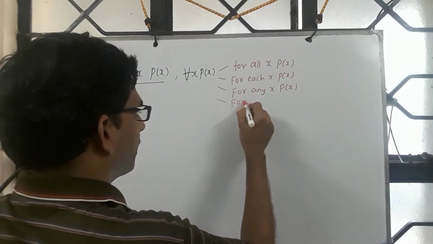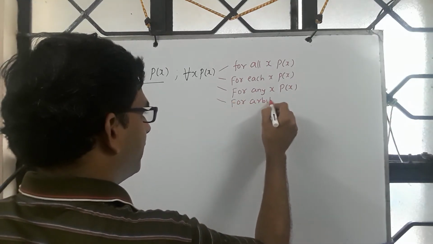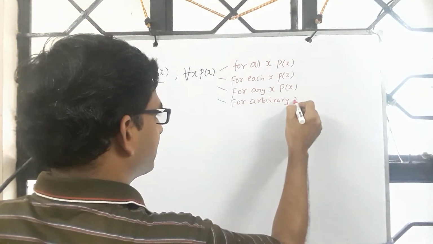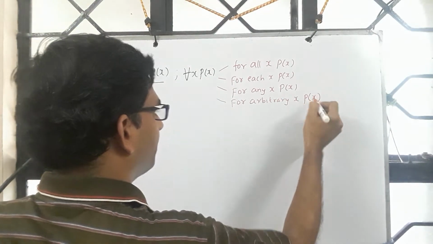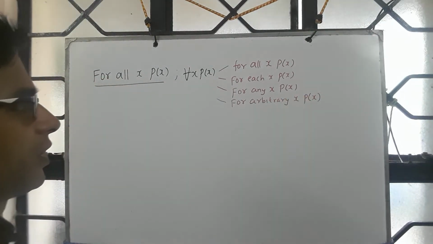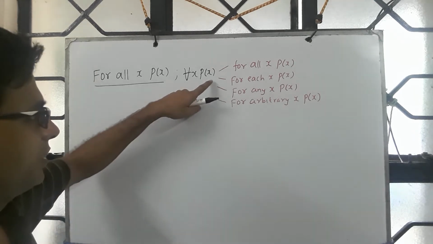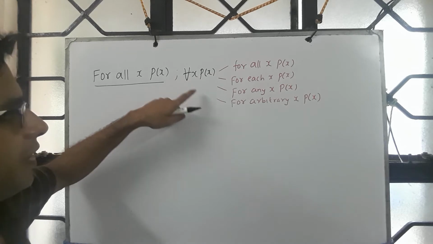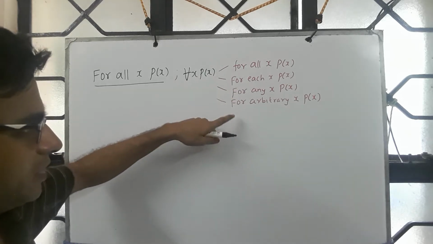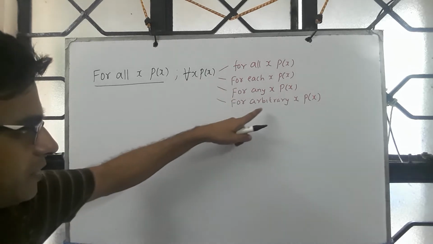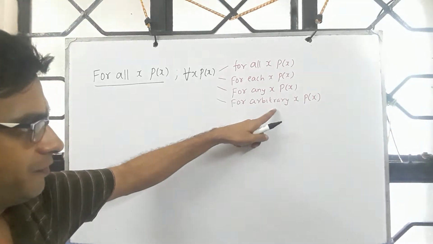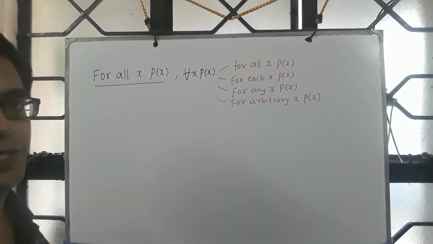So for arbitrary X P of X. In logic it is just one, and in natural language, in our conversation, we may use statements such as for arbitrary X P of X, which means it is true for each of them.